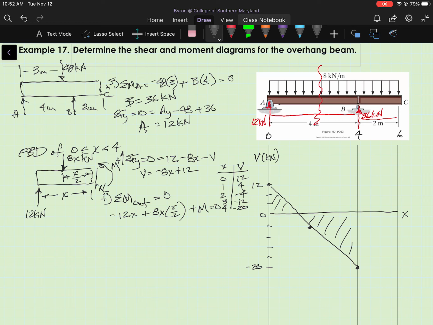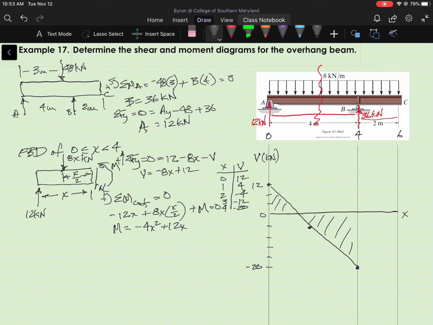I solve for M and do a little bit of algebra, and I get M equals minus 4x squared plus 12x, and that's quadratic. It's going to graph as a parabola, so we have to go back to what we learned in algebra 1, algebra 2, college algebra.